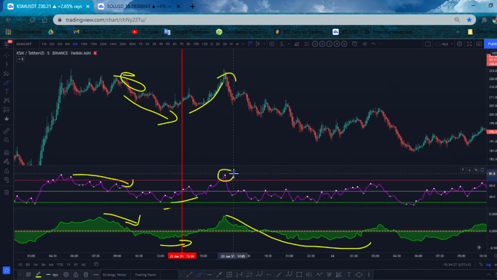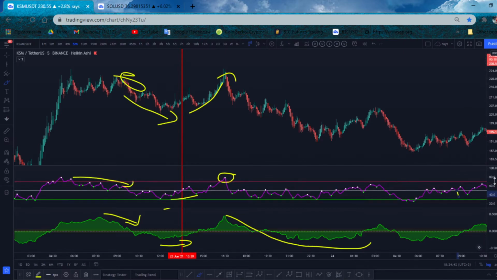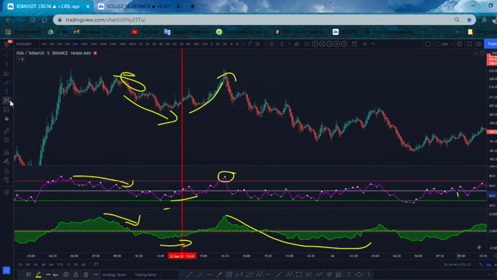When we see that high peak on the RSI, or vice versa below the oversold region, maybe closer to 15, 10, 5, whatever, there is a high probability that the price action will change its direction rapidly.